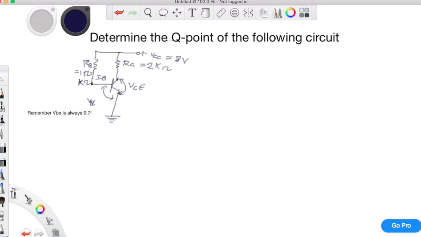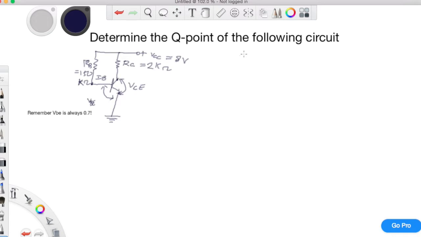The circuit will be given, or even if the circuit is not given, you will know the resistor values and VCE, VCC, RB, and VB. Remember always that VBE is 0.7. This is the most important thing to remember, because sometimes most of you forget the value of VBE. And even if the circuit is not given, you'll know the formula, and later on when you know how to design the circuit, you'll be able to manage.